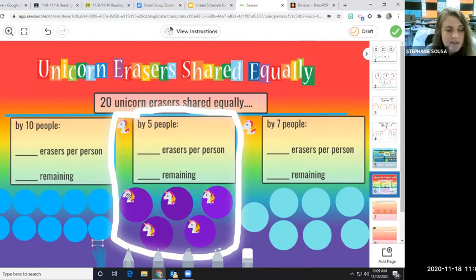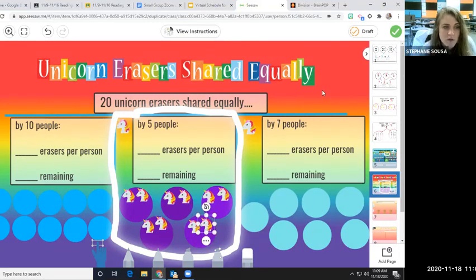Okay, so I have passed out 5 unicorn erasers. I need to pass out 20. Let's go again. Give 1 to each person again. 6, 7, 8, 9, 10. So I'm at 10.